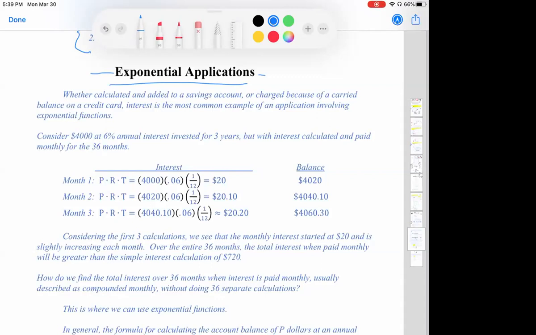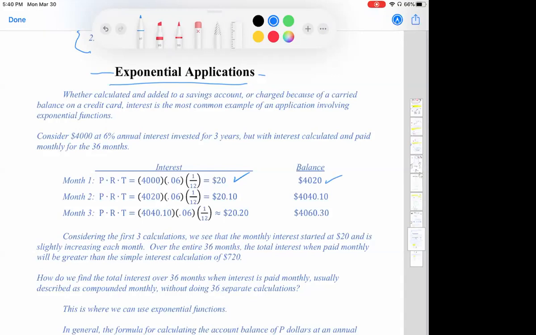What that means is every month out of the 3 years, it's going to calculate that 6% in. So that first month, you get $20. You take that $20, your new balance, and add it into your balance, and the next month's interest is calculated on that new balance.